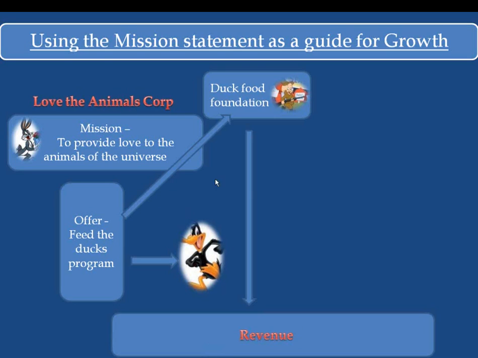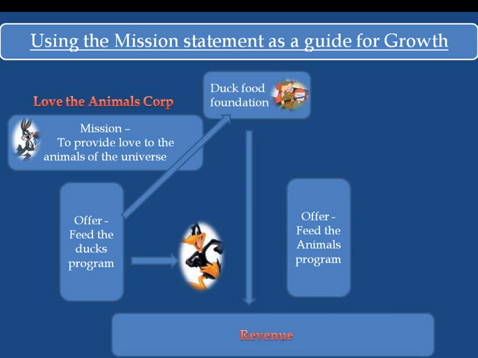One day, Bugs Bunny's sitting down, munching on a carrot, and he's thinking, hey, my mission is to provide love to the animals of the universe. Why am I only focused on the ducks? Why don't I focus on all the animals? There's no reason why I should only be offering the ducks food. I should offer all the animals food. Look at my mission.